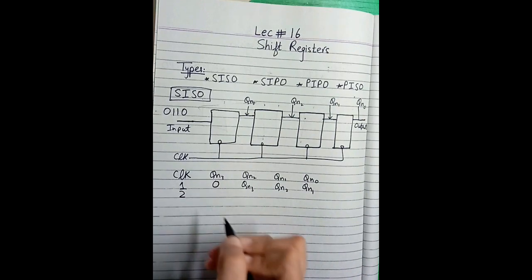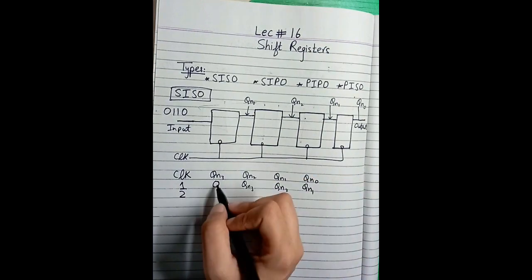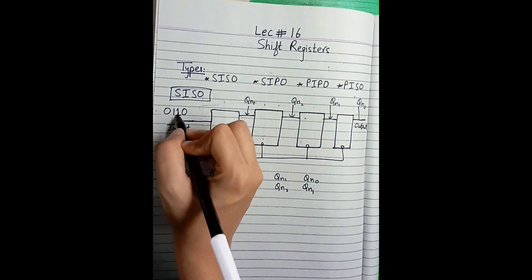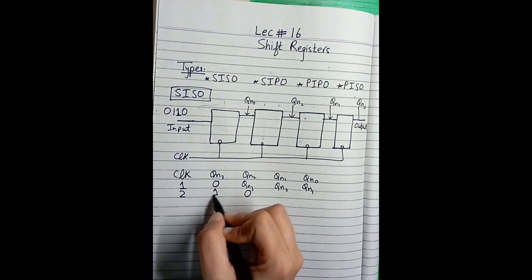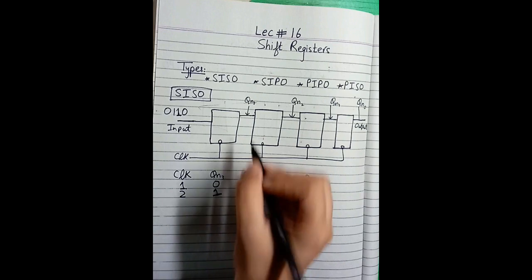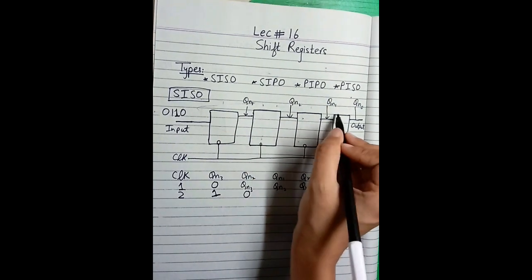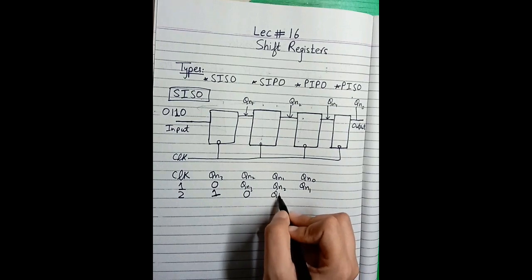After that, when we will give the second clock, our 0 will move forward and the 1 will be the next input at the place of Qn3, and 0 will move forward to the Qn2, Qn2 will move forward to Qn1.